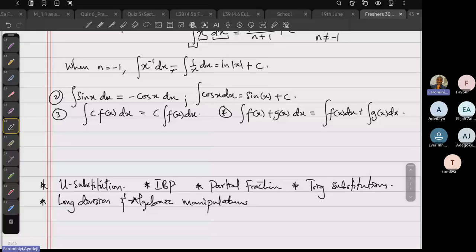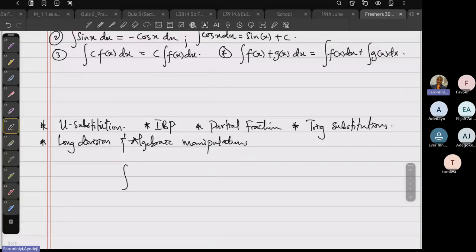For instance, these three things: x times e to the x, then x times e to the x squared, then e to the x squared.